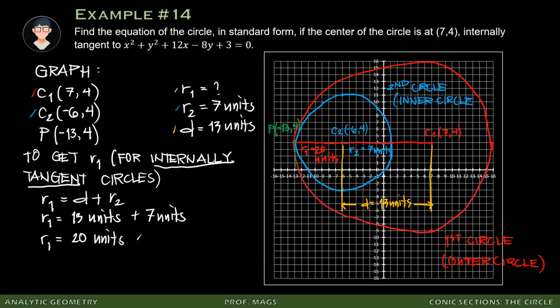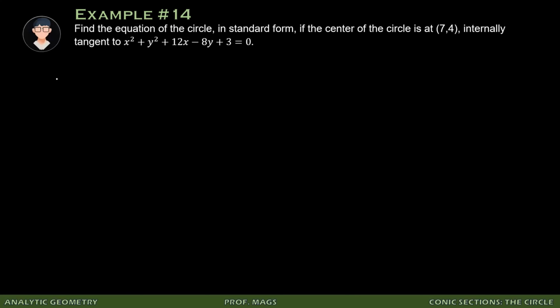Now we're going to proceed in solving for the equation of the circle number 1 with center at C sub 1, 7 and 4, and we have a radius which is R sub 1 is equal to 20 units.